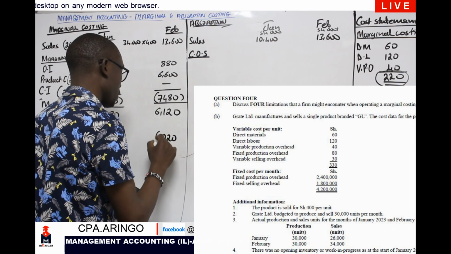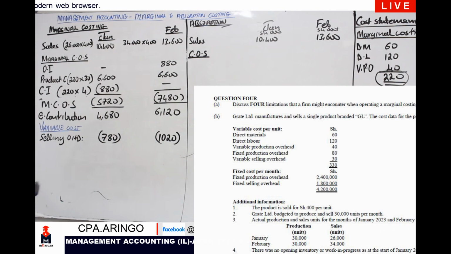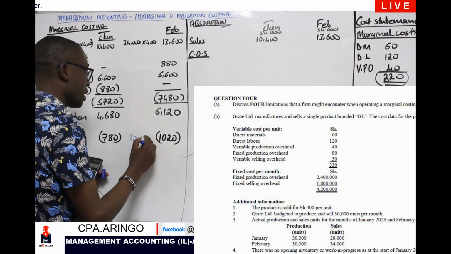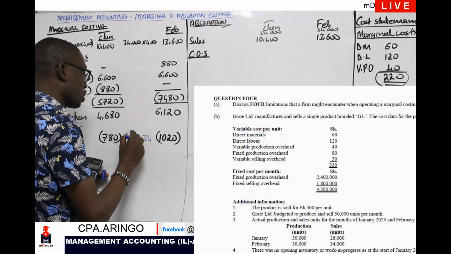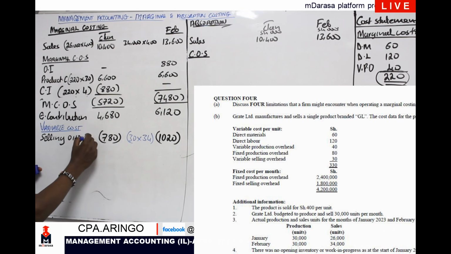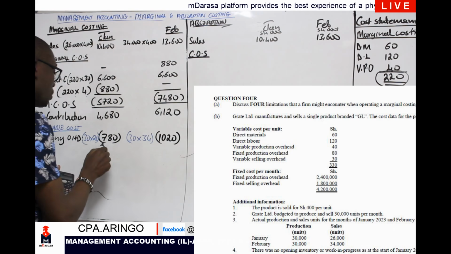Believing that you're seeing where the figures are coming from. Literally, in this case, we are taking the 30 variable cost by the number of units that we sold, which was 34. On this other end, we've taken 30 by 26. We didn't have any other variable cost.